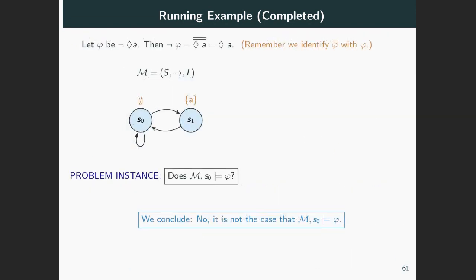Let's see for ourselves that our conclusion is correct. The conclusion obtained by the general purpose algorithm that I showed on the previous slide is correct.